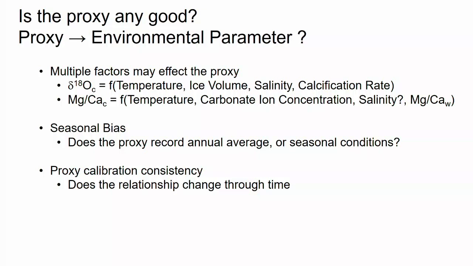So what you're actually recording in the sediment is strongly biased towards spring and summer temperatures, whereas it might be very cold in the winter, but there'll be no plankton growing in the water column, so you won't get any temperatures from that time preserved in your sediment. So there can be a strong seasonal bias in proxies. And I've already mentioned that your calibration might not be valid through time, which is a bummer.